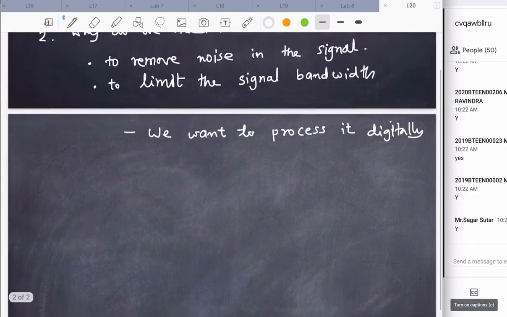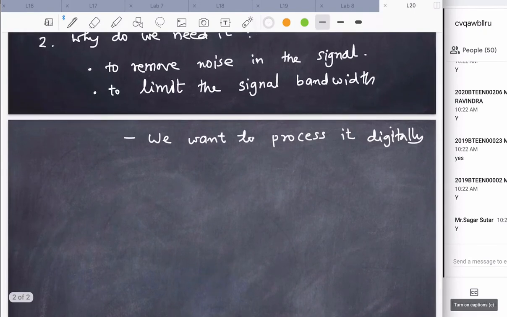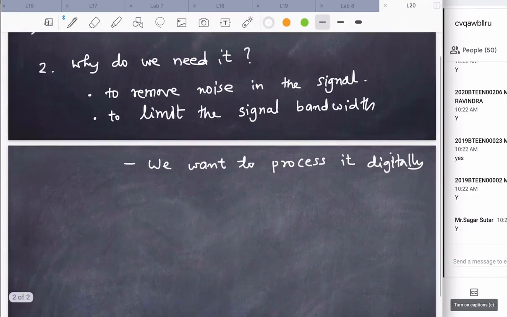So, two things we understood: to remove the noise in the circuit, to limit the signal bandwidth. These are the two primary things for which we use filters. Okay. So, to keep the signal clean and to limit the bandwidth, these are the two major purposes of filter.